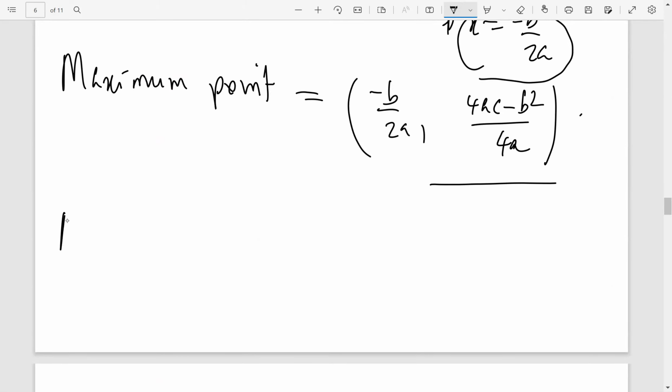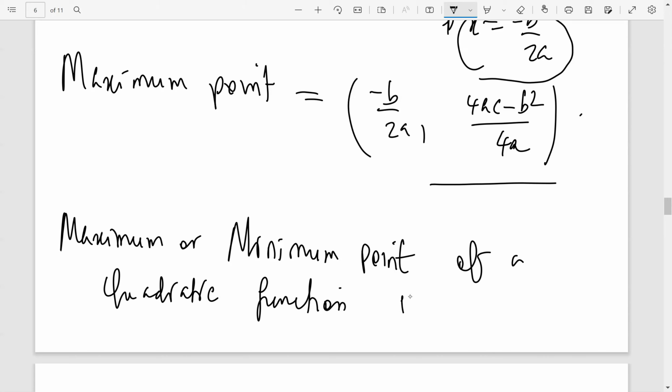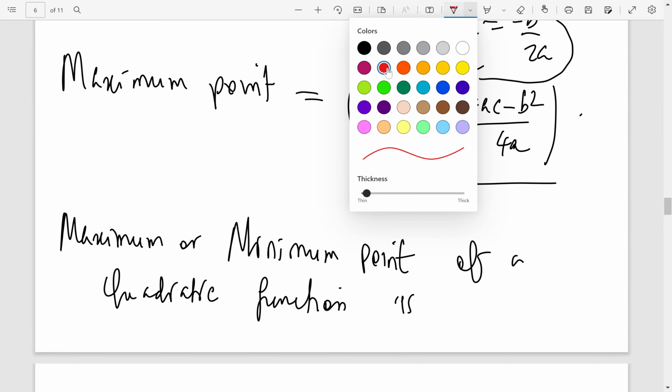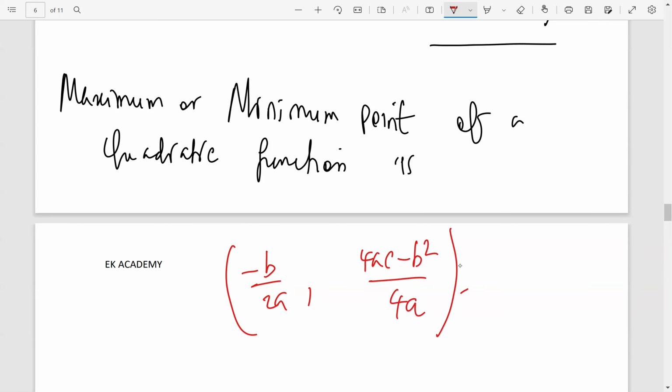So we can say that the maximum or minimum point of a quadratic function is negative b over 2a comma 4ac minus b squared over 4a, dear students.